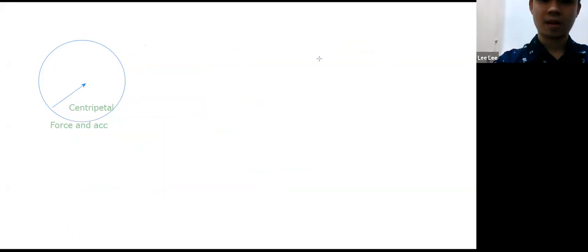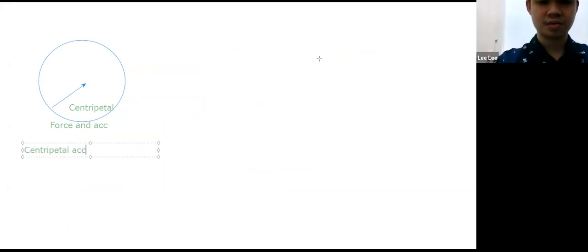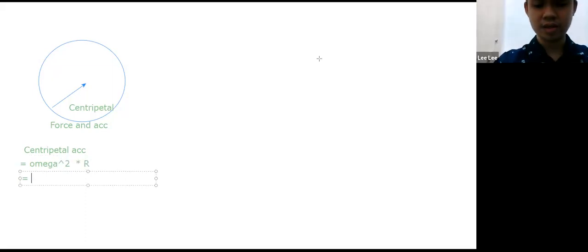To calculate centripetal acceleration, the formula is given by omega squared times r, or it could be v squared over r. So v is the linear speed, right? If omega is angular velocity.